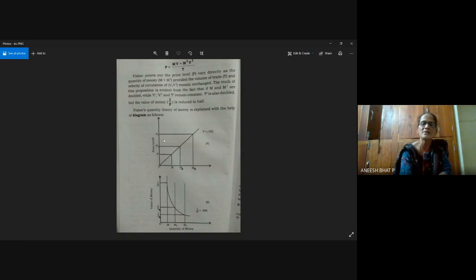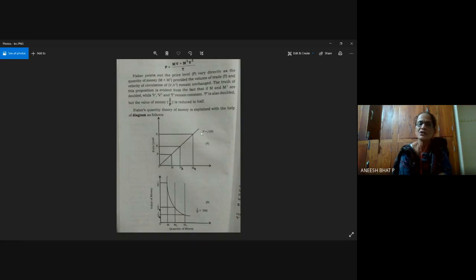It is represented here. You see, we can observe a curve. P is a function of M. So the slope of this curve shows the positive relationship between these two, supply of money as well as price level.